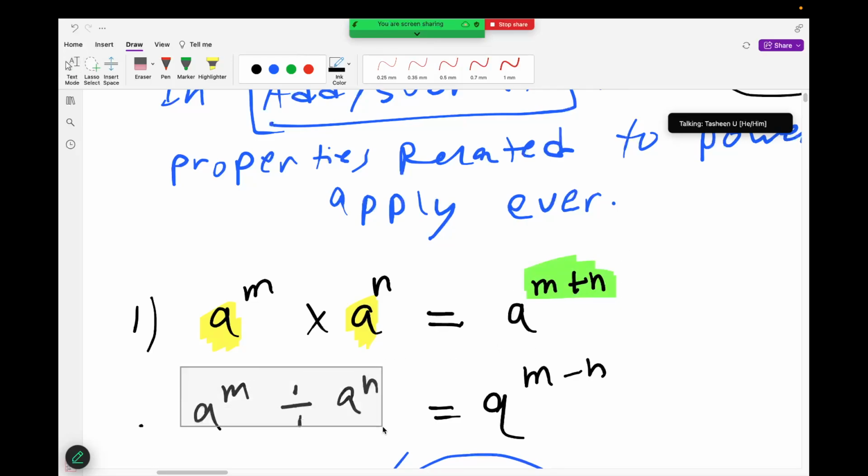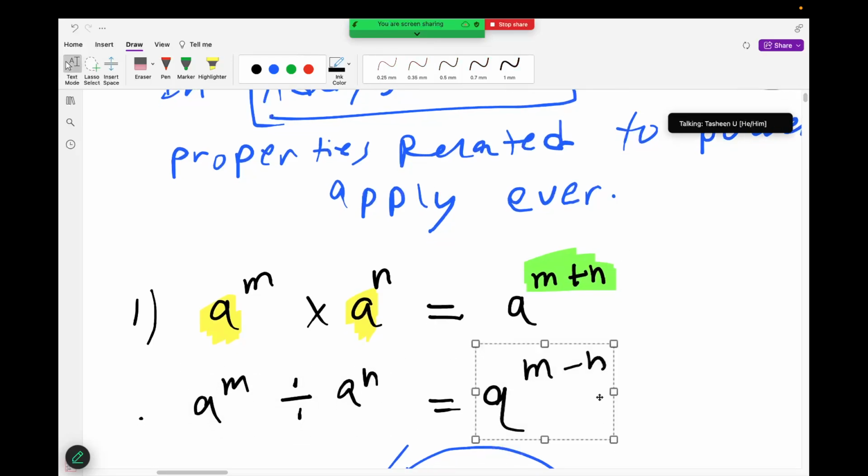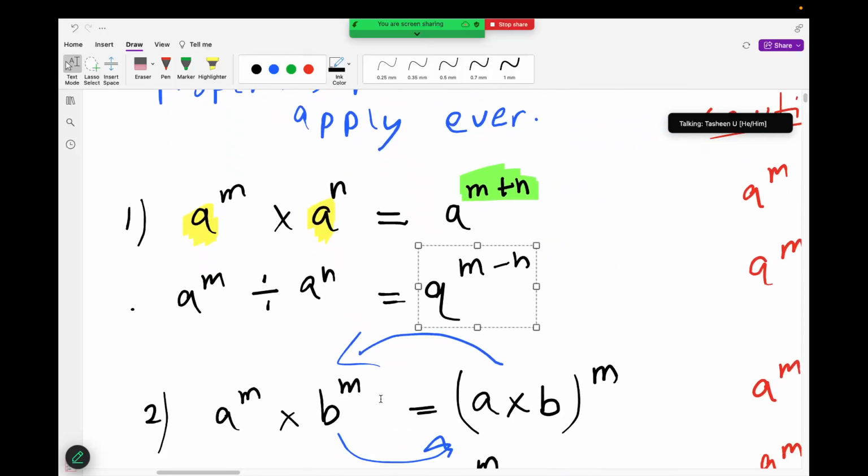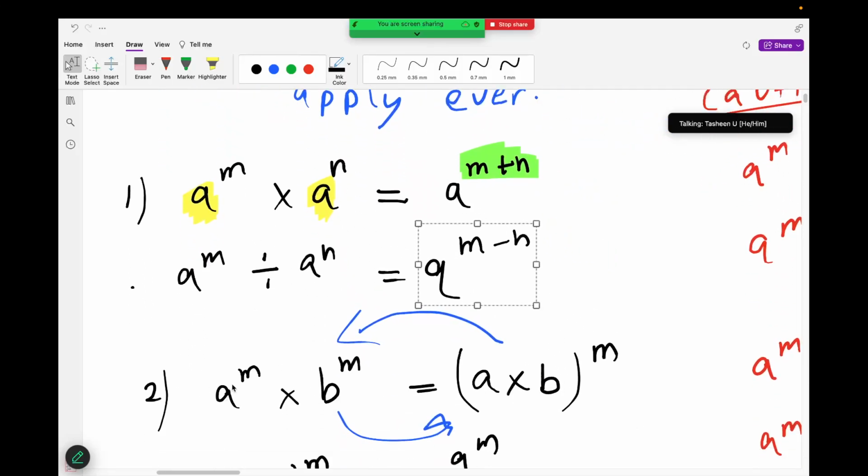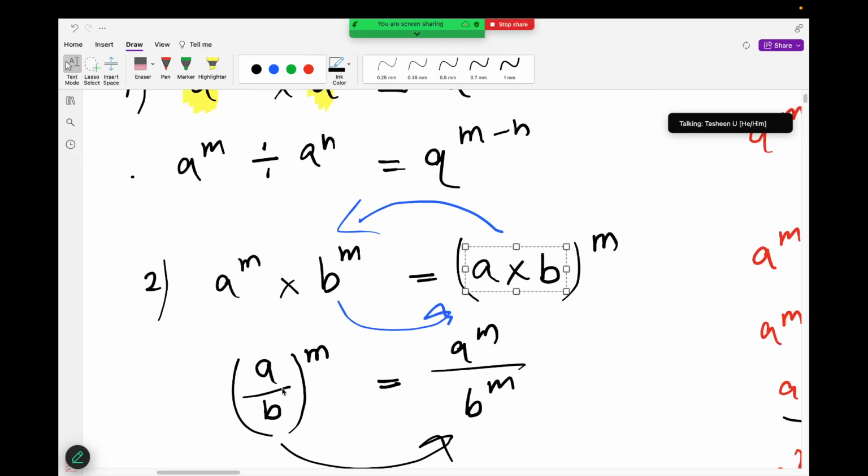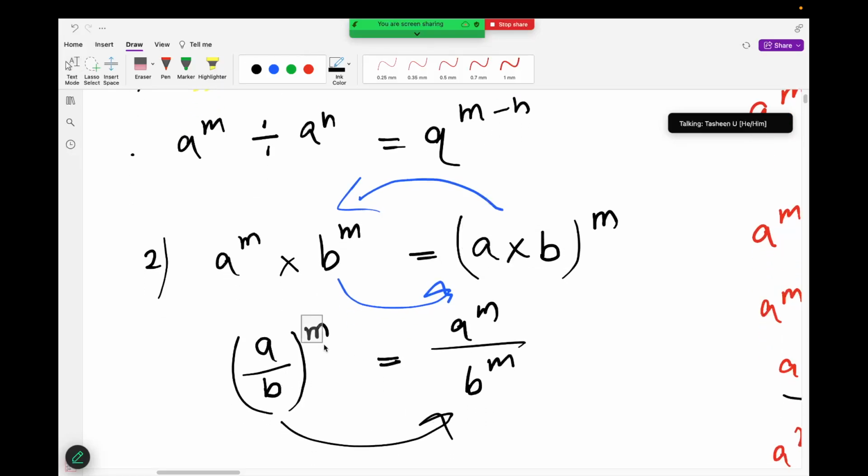If we have the same base and we divide them, then we can subtract their powers. And if we have the same power, we can take that power common and multiply the individual numbers. Similarly, if we have a common power between multiplication or division, we can split them.